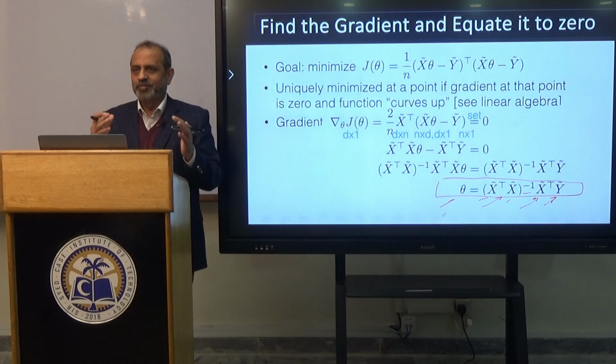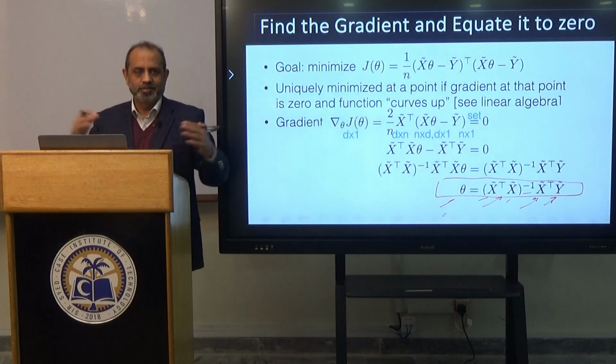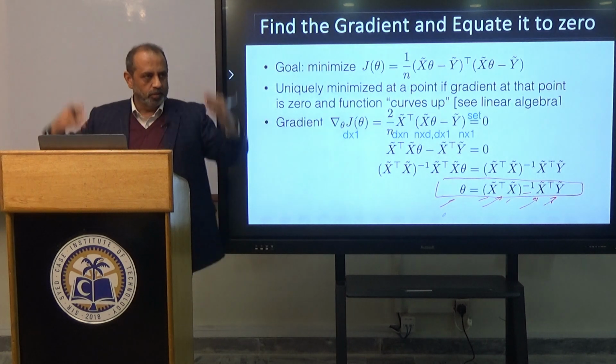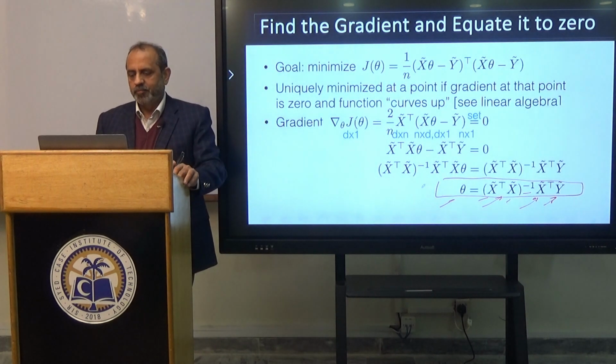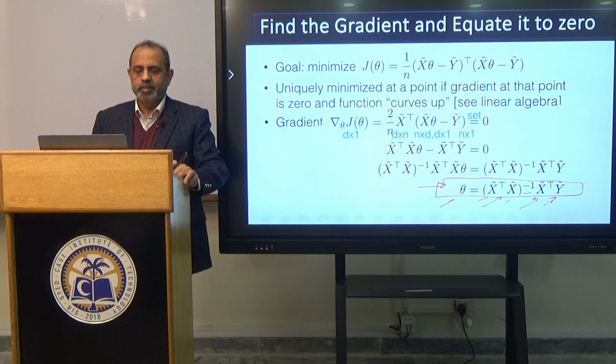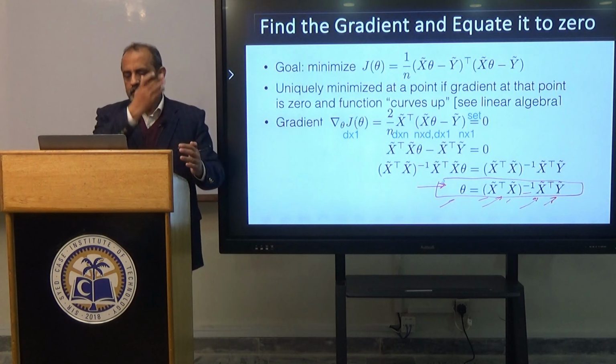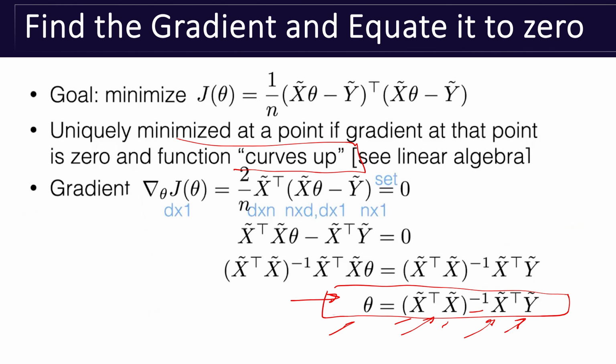So you have all these matrices, take the inverse, multiply it with this vector, multiply it with another vector, and you are done. You get all the parameters by just solving this equation. So you love to have a closed form expression, and it is important that it curves up. If it curves up, you are guaranteed to have one.